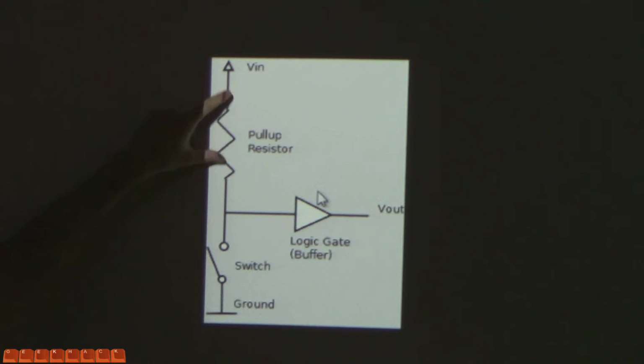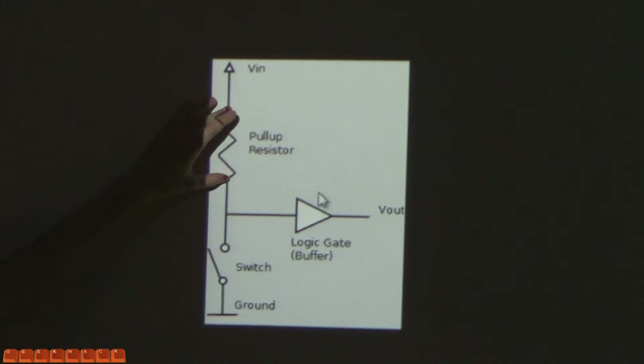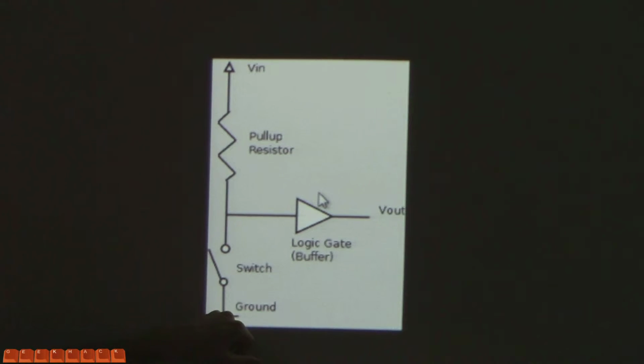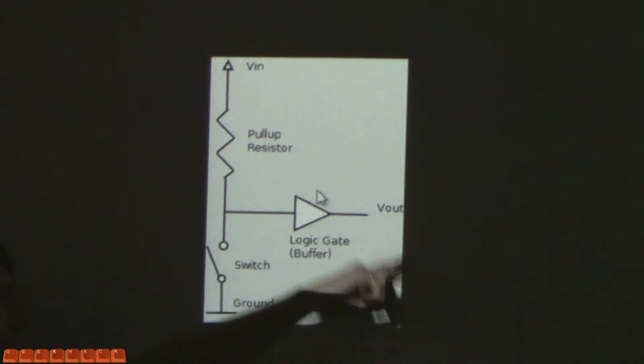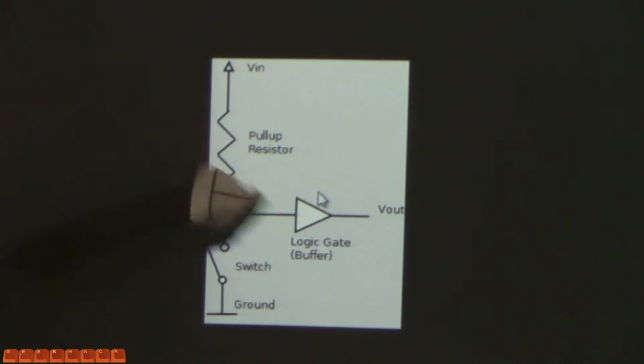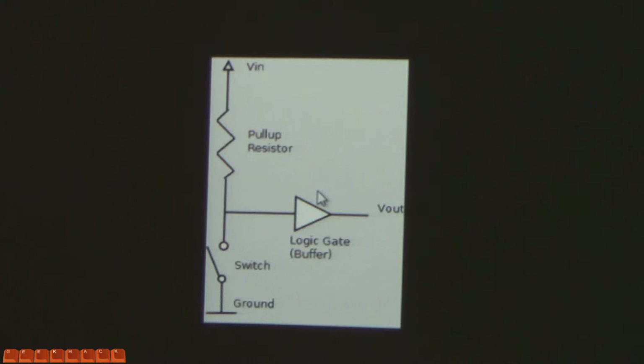But when it's closed, because this is a high resistance, it's going to sense this right here, because the way the electrons flow, it's the path of least resistance kind of thing. So it's going to go through here instead of here. That's the whole point of pull up, pull down resistors.